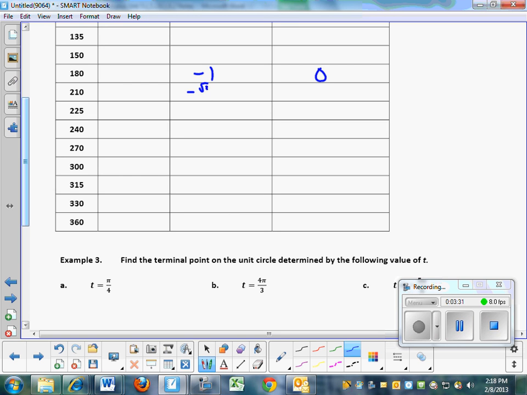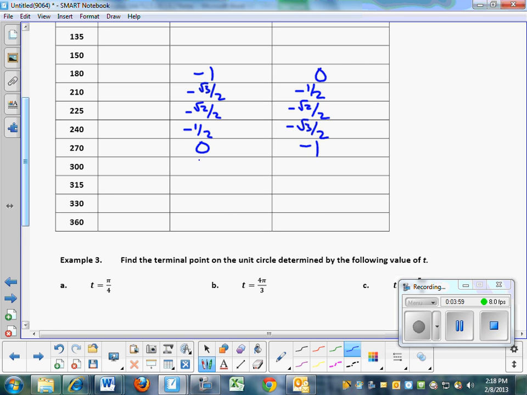So you should have negative square root of 3 over 2 and negative 1/2, negative square root of 2 over 2, negative square root of 2 over 2, negative 1/2, negative square root of 3 over 2, and then 0, negative 1. So those are your third quadrant values all the way down to 270 along the y-axis.